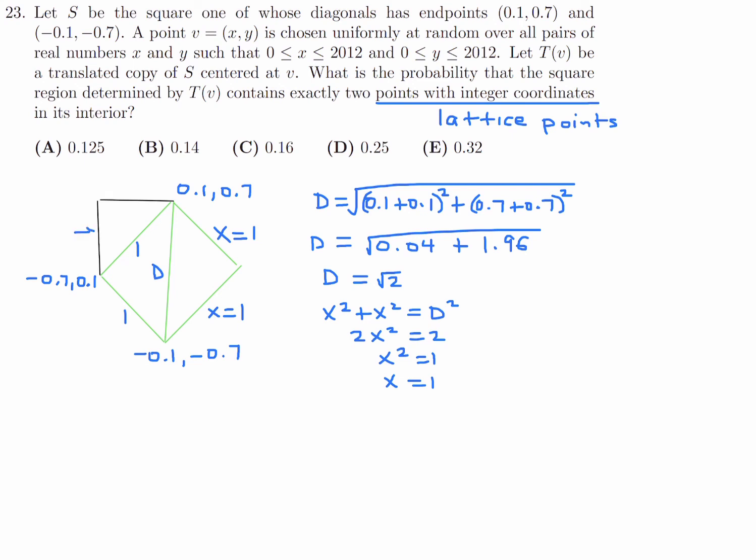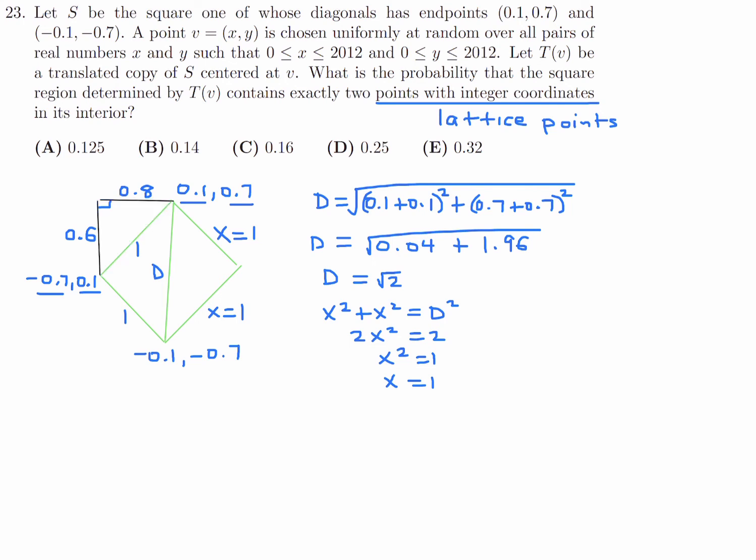This part here is the up and down y part, from 0.1 to 0.7, so that's 0.6 in length. This part going from negative 0.7 to 0.1 is 0.8. And this is, of course, a right angle that I drew. This relationship will hopefully come in handy later in the question.